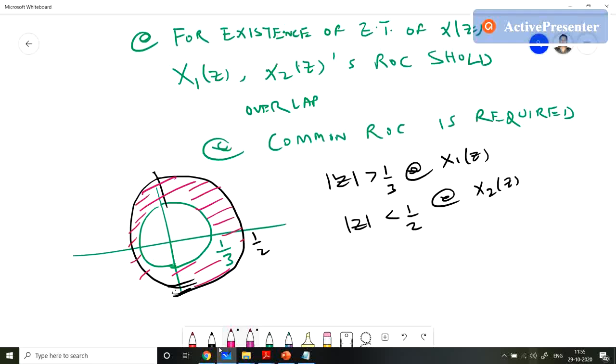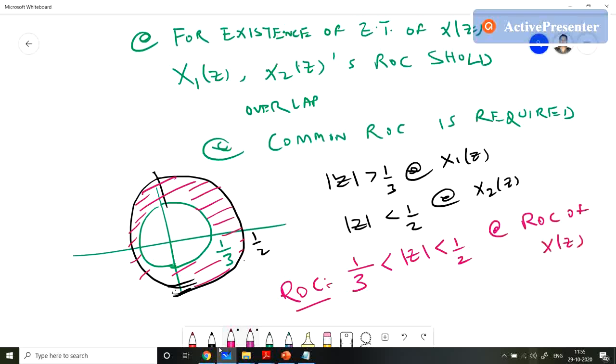So the ROC is 1/3 less than |z| less than 1/2. This is the ROC of X(z).